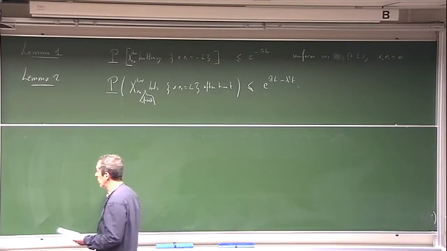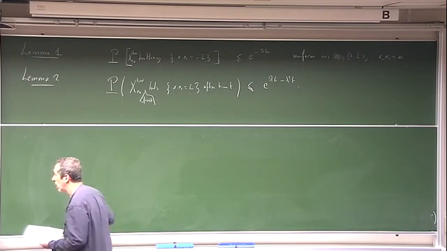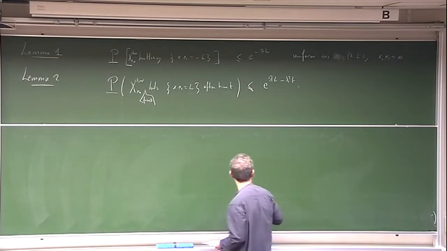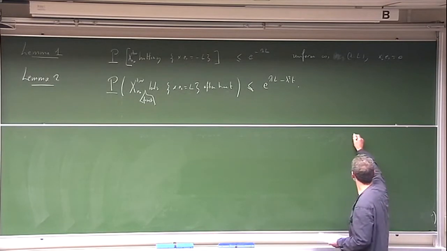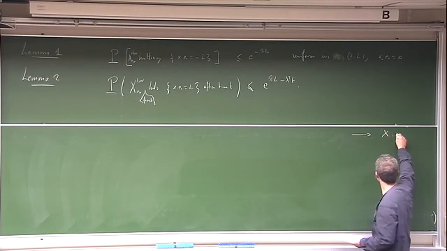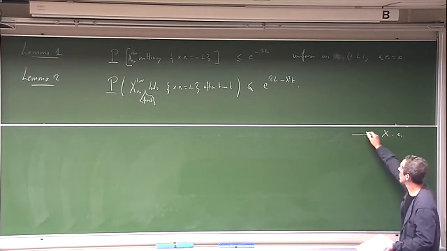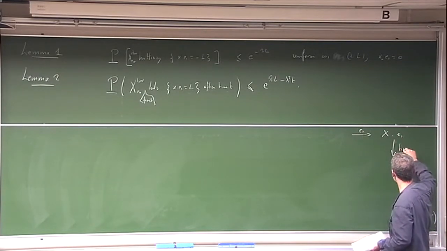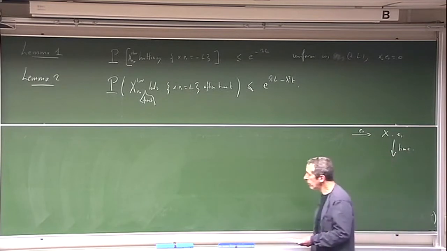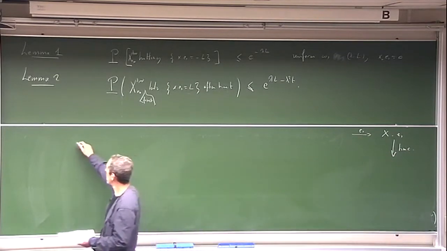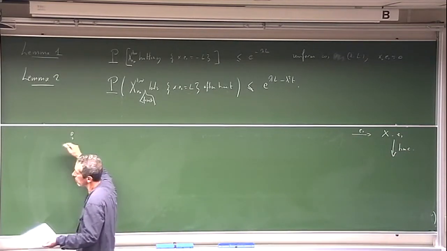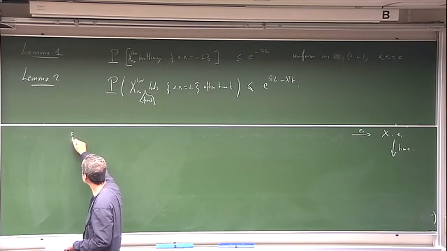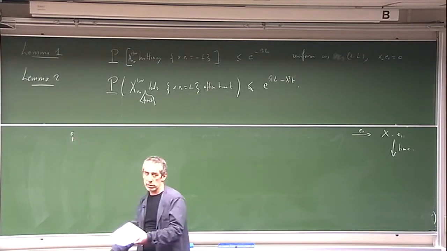Let's draw a trajectory and see what happens. What I'm drawing is, in that direction, x dot E1. So this is direction E1. And in that direction, down there, you will have time. Now we start from the origin, but we could start from any point. And then you look at the trajectory.